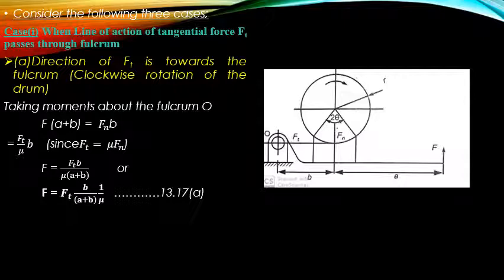Simplifying according to equation 13.17a in the data handbook, F is Ft b by (A plus B) into 1 by mu. This is the expression for the effort when the drum is rotating clockwise.